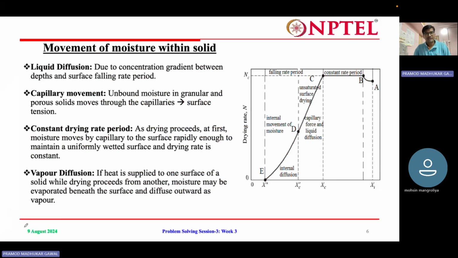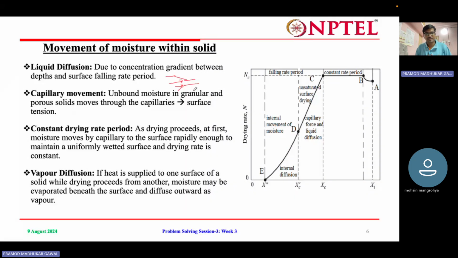So next is the movement of moisture within the solids. There are different movements of moisture in solids, like liquid diffusion, then capillary movement. Capillary movement means the moisture passes through narrow pathways without the help of gravity or any other external force.